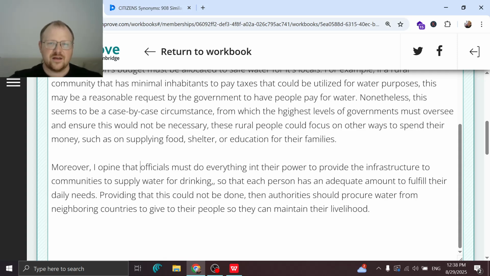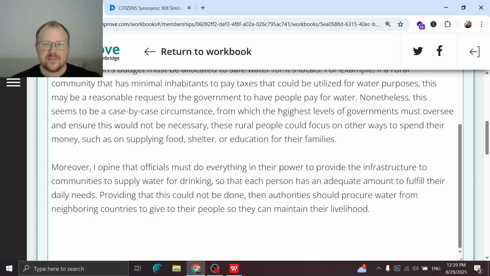Everything in their power to provide the infrastructure to communities so that each person has an adequate amount for their daily needs if it cannot be done.